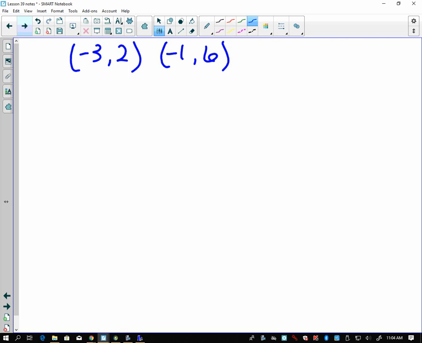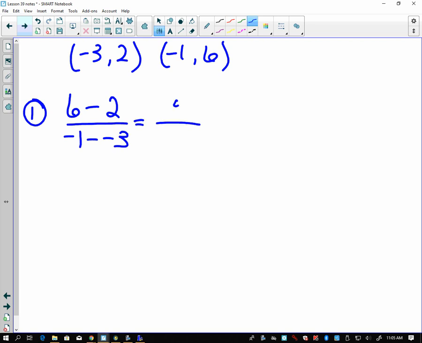So it's the equation of the perpendicular bisector. The first thing that we do is the slope, perpendicular. So y2 minus y1 over x2 minus x1.